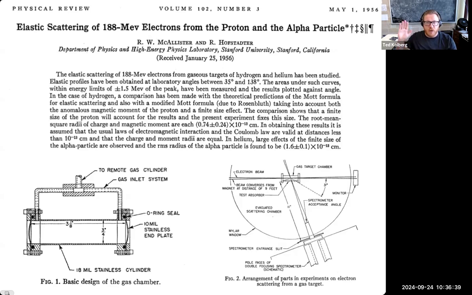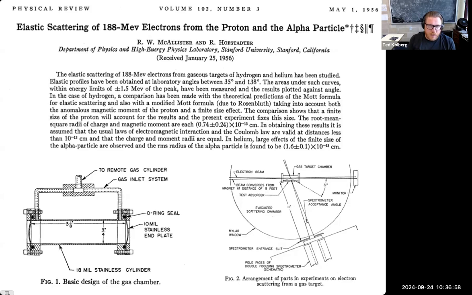So they're starting to assemble this accelerator complex at what will eventually become SLAC, the Stanford Linear Accelerator Center at Stanford. Here it's still just called High Energy Physics Laboratory of Stanford University.